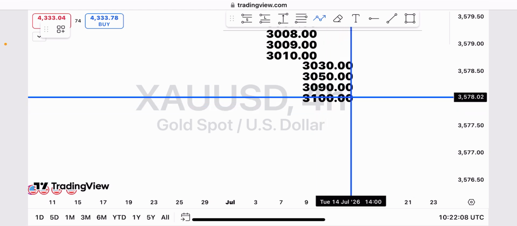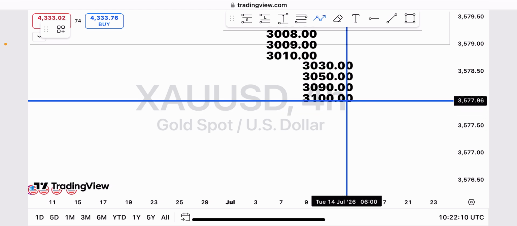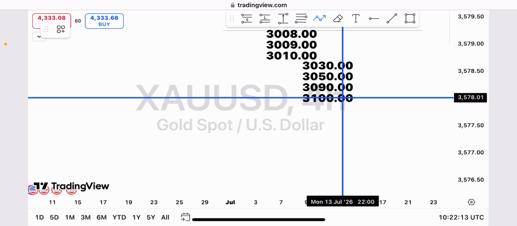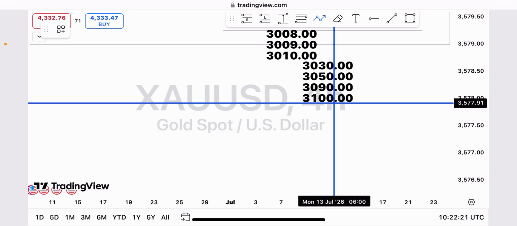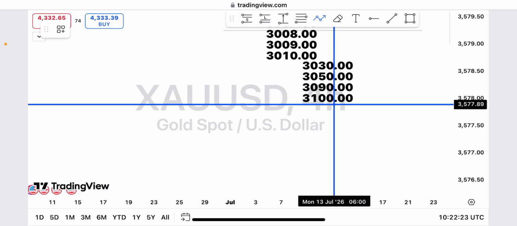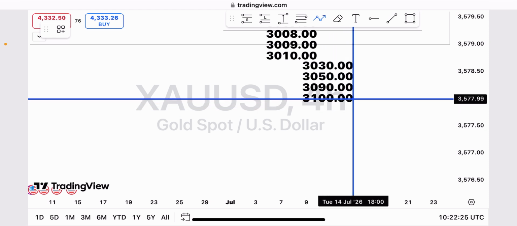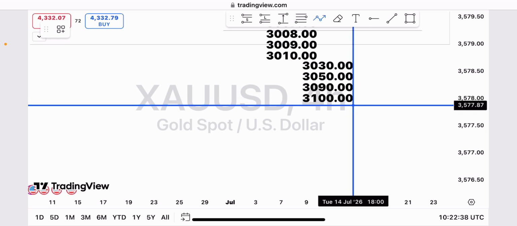That's a mistake. This is your pipette. 10 pipettes give you 1 pip here. Hold on, please. Okay, sorry for that.